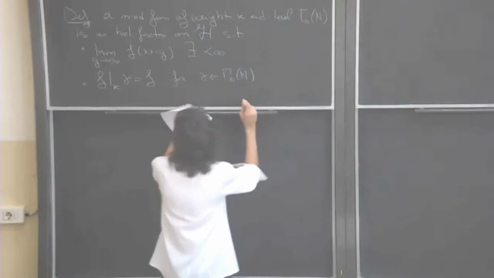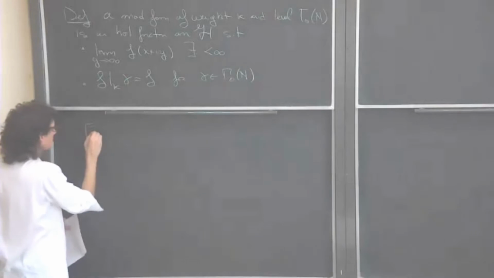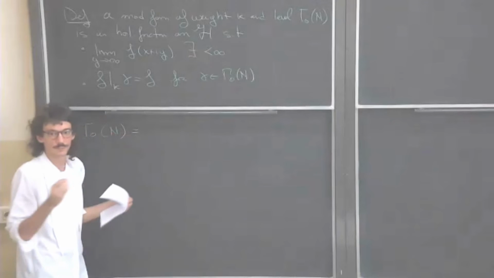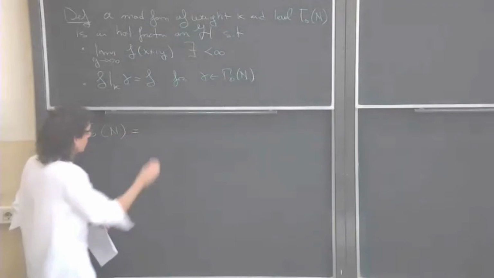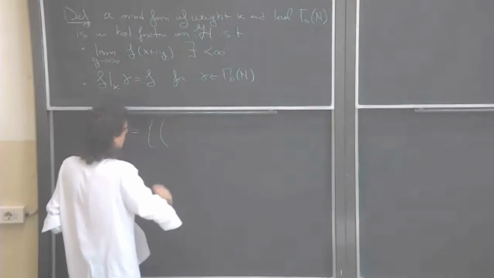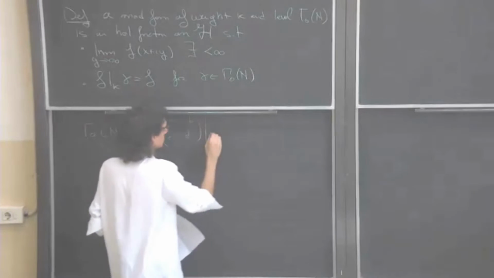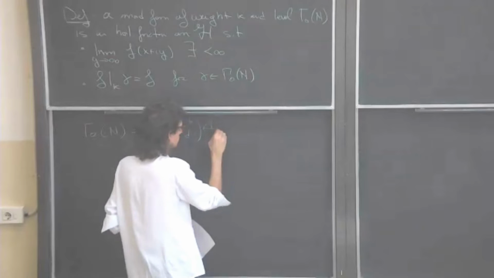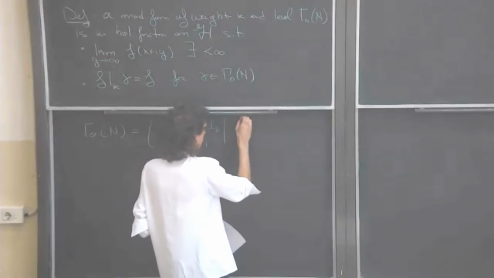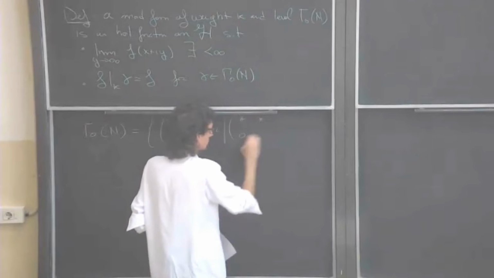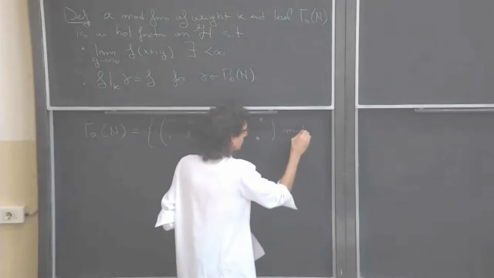Let's make a line break. Gamma naught n is a subgroup of SL2Z. It's an example of what is called a congruence subgroup. In this case, these are the matrices A, B, C, D in SL2 such that they assume this form modulo n.